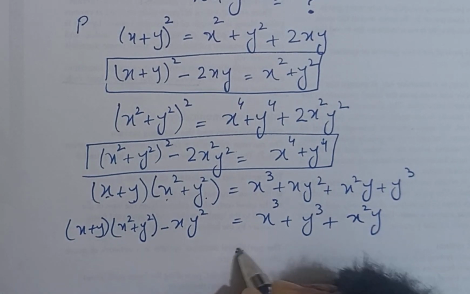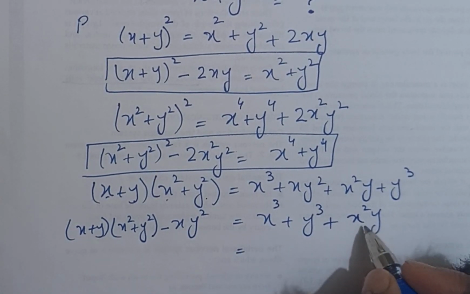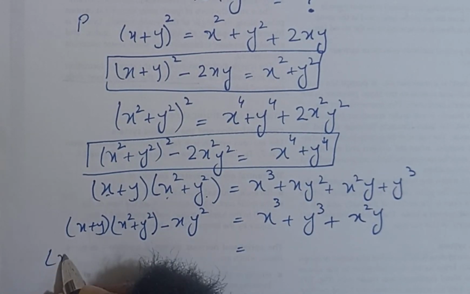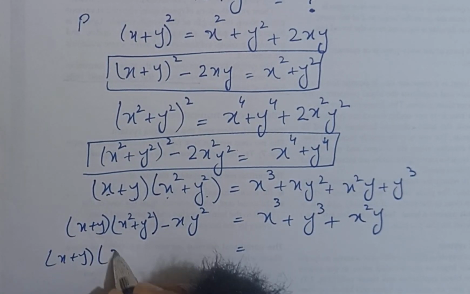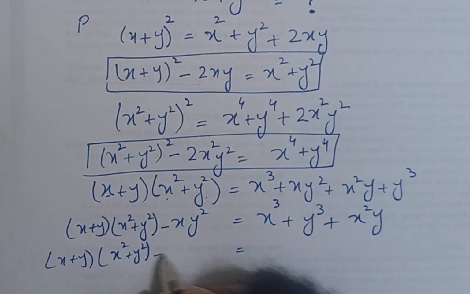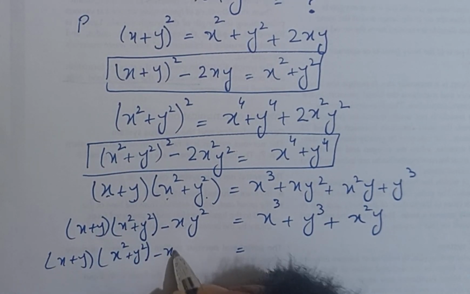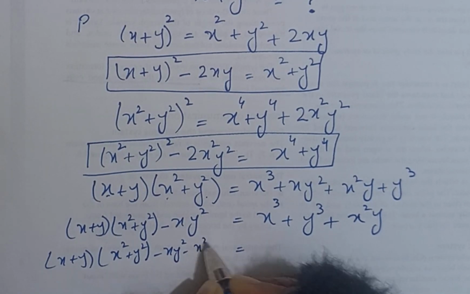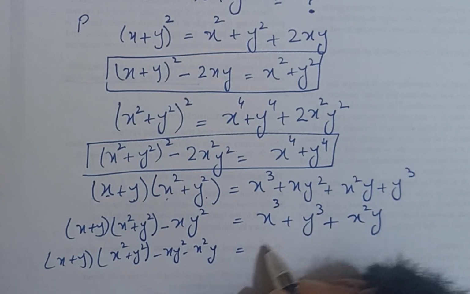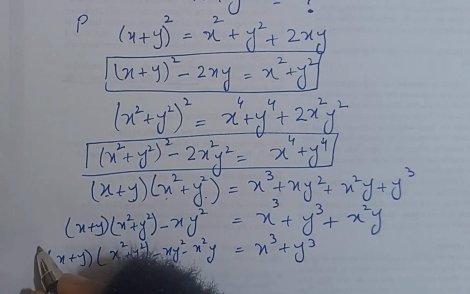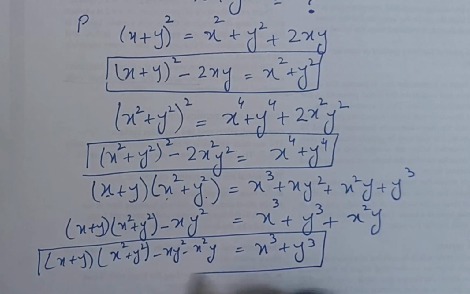And after that, if we subtract the product x square y on both sides of this equation, then we get (x plus y) multiplied by (x square plus y square) minus x y square minus x square y, and now the right hand side is x cube plus y cube. So we also highlight this property.